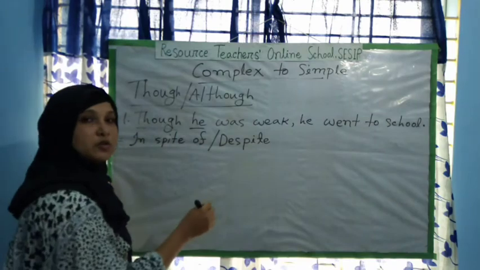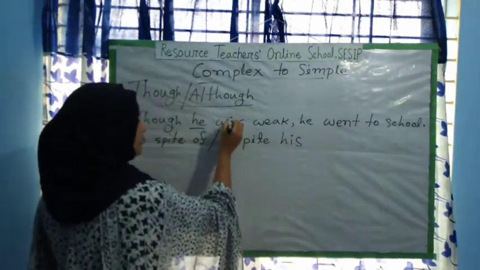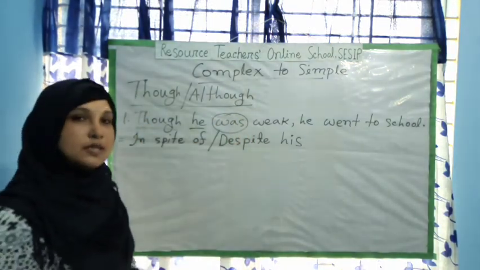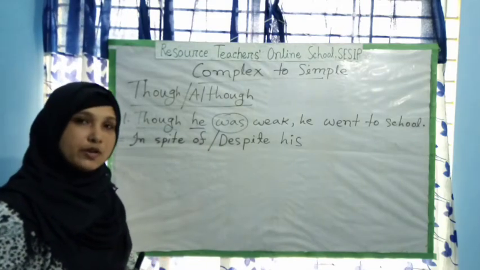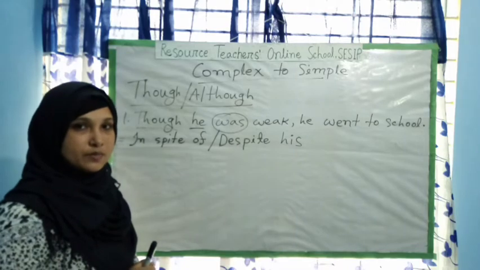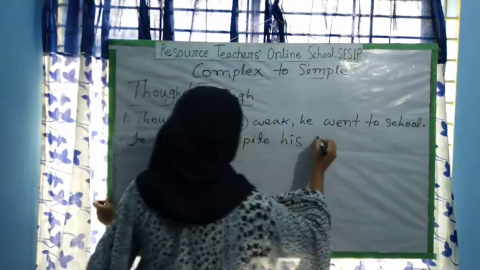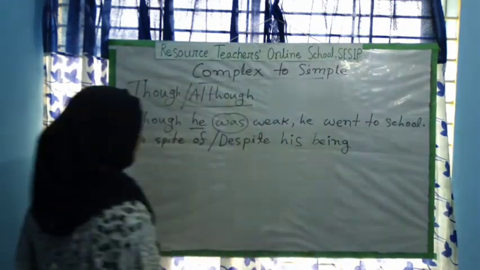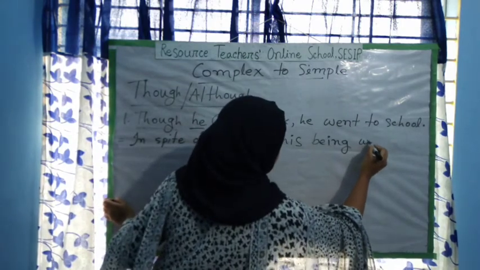The possessive form of he is his. Notice, my students, was. Am, is, are, was, were, instead of these 5 words, we have to write being. Then rest of the sentences.